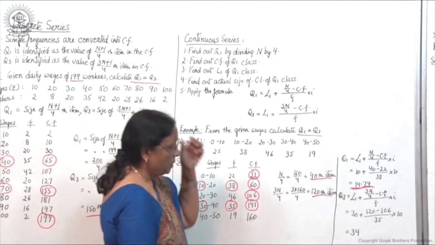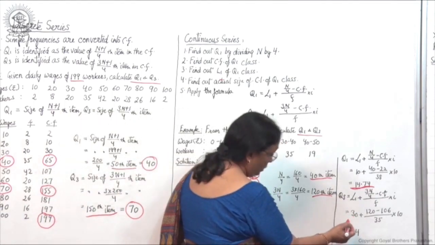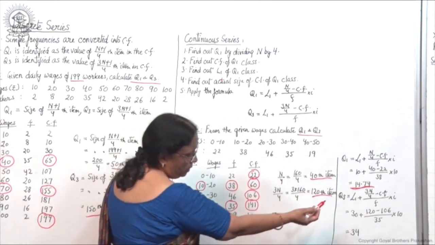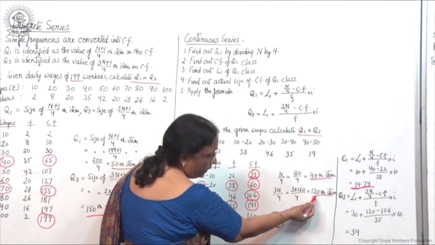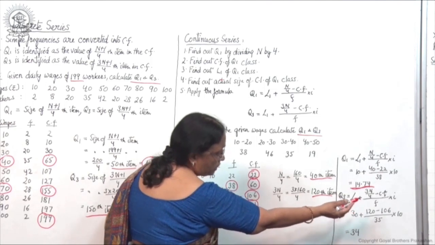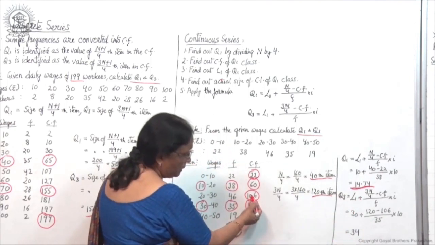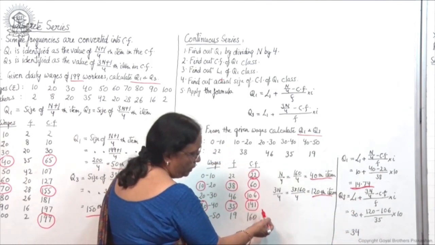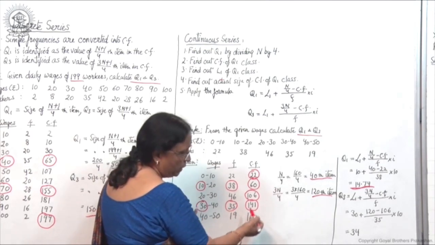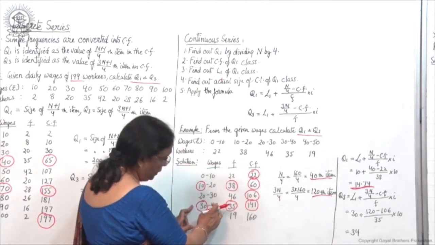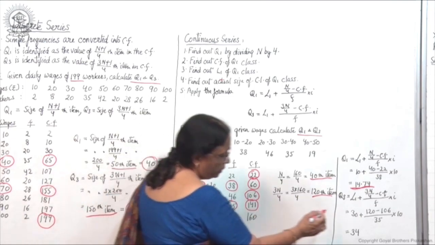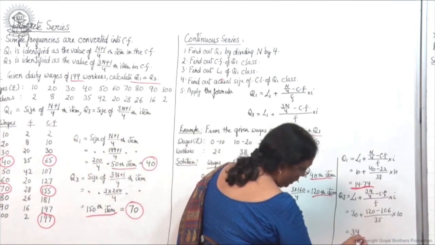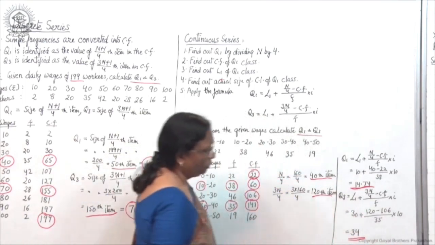So in this case L1 is 30, 3n upon 4 is 120 minus 106, this is CF, then 35 as frequency into 10, that is the class interval, and you do the calculation and the answer is 34.